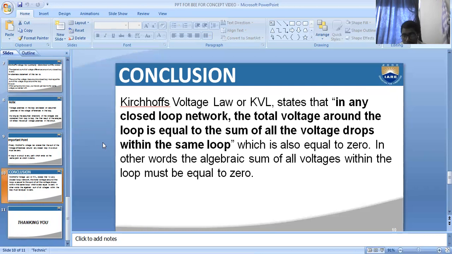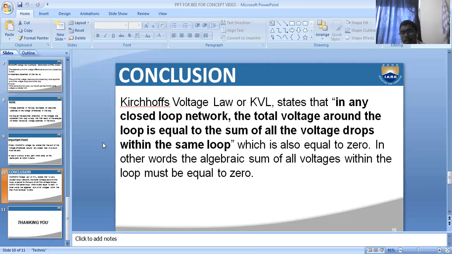In any closed circuit, we have so many loops. In one circuit we can find more than 2 or 3 loops, whether it is a fully closed loop or a loop inside another loop.